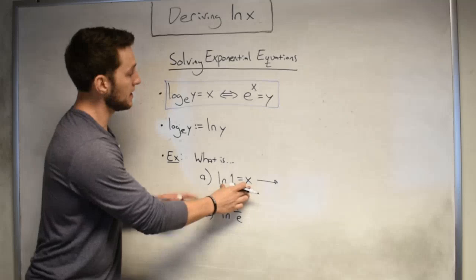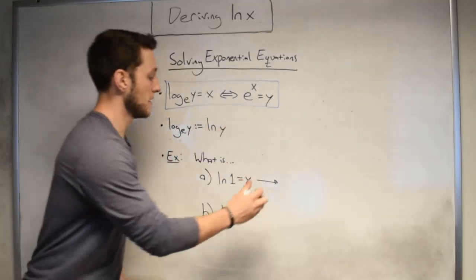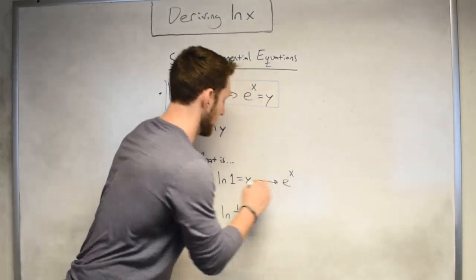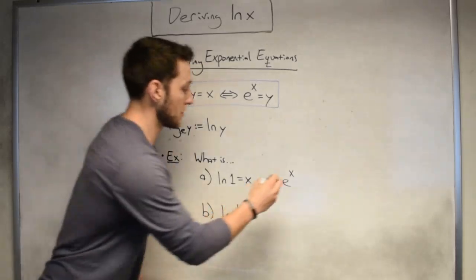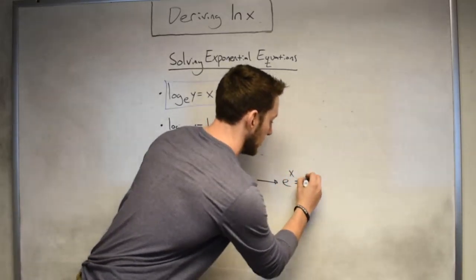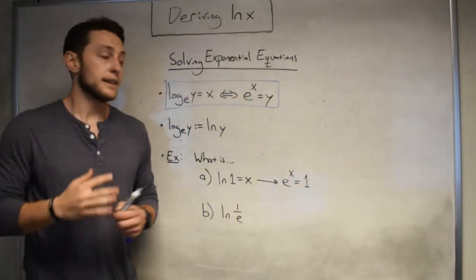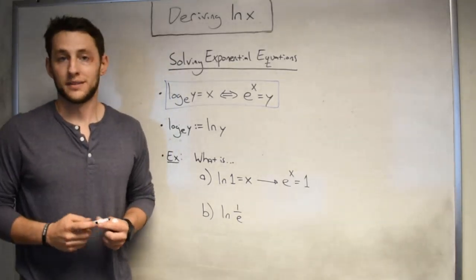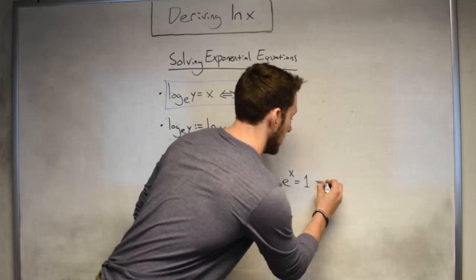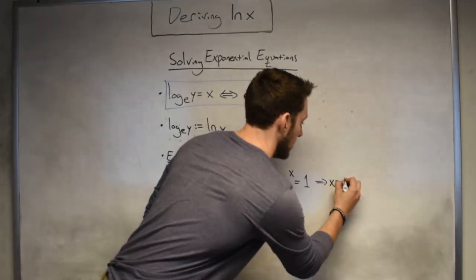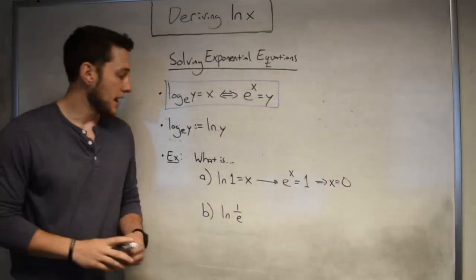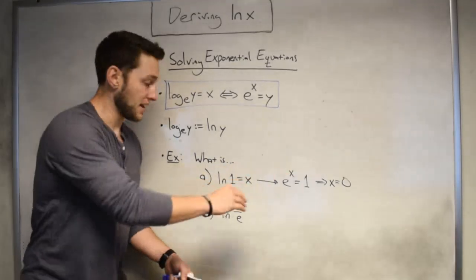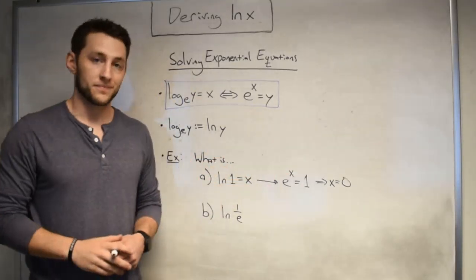This statement translates to e to the x, because our hidden base is e, equals 1. Now we have to ask ourselves, what power can we raise a number to give us 1? And the answer would be 0. It turns out that the log with any base of 1 will always be 0.